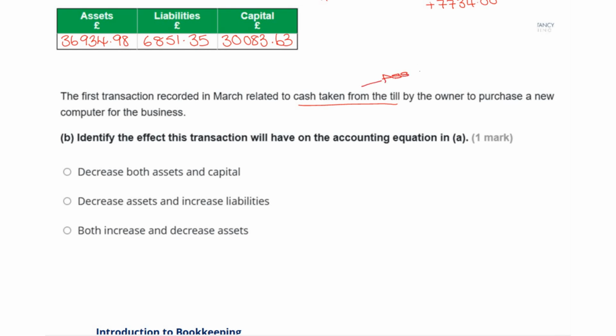So this is going to be an asset, and we're purchasing a new computer, which is also going to be an asset. So a new computer is going to increase our asset, but the cash being taken from the till will decrease the asset. So therefore it's going to both increase and decrease assets.